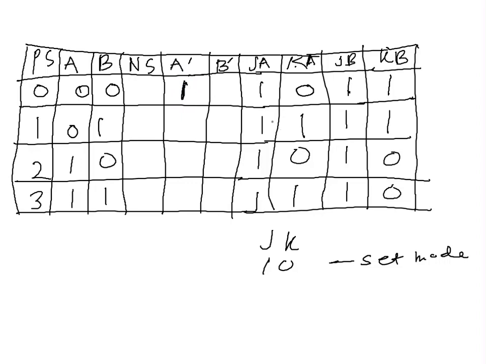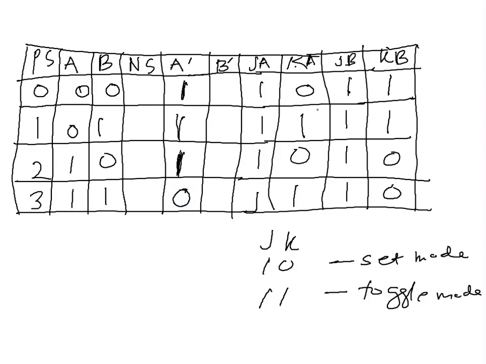Next row, JA 1, KA 1. This is the toggle mode. If the previous value of A is 0, A prime will toggle to 1. Next 1, 0 set mode. If the previous value is 1, it will remain as 1. Then 1, 1 also toggle. If the previous value is 1, the next value of A prime will be 0.